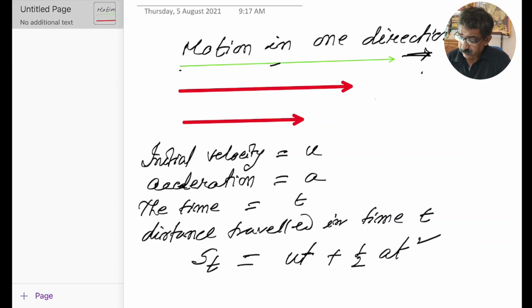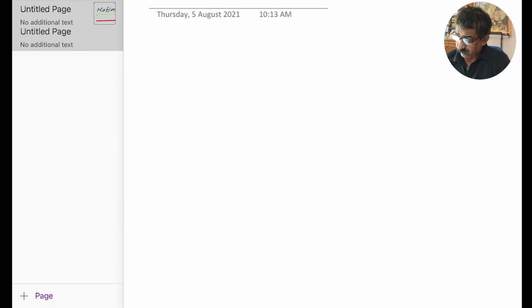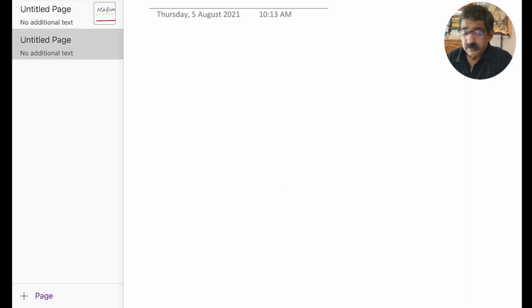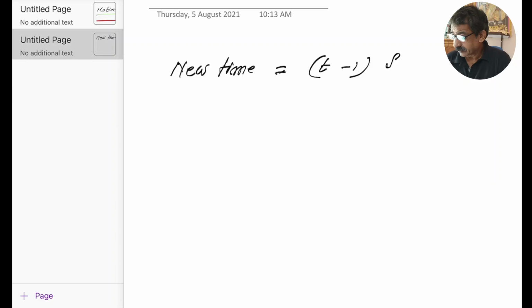Now suppose the particle moves for a new time equal to t minus 1 second. So the distance traveled by the particle in time t is equal to st. St is equal to ut plus half at square.